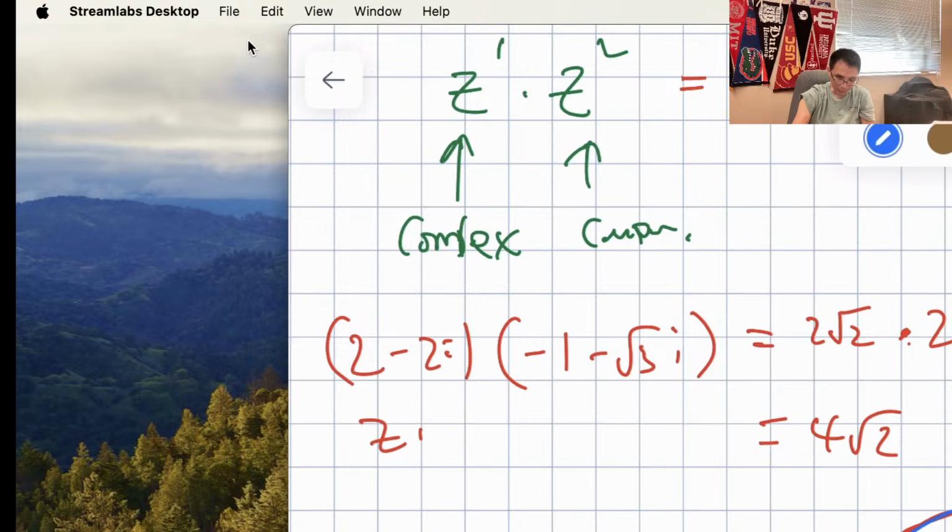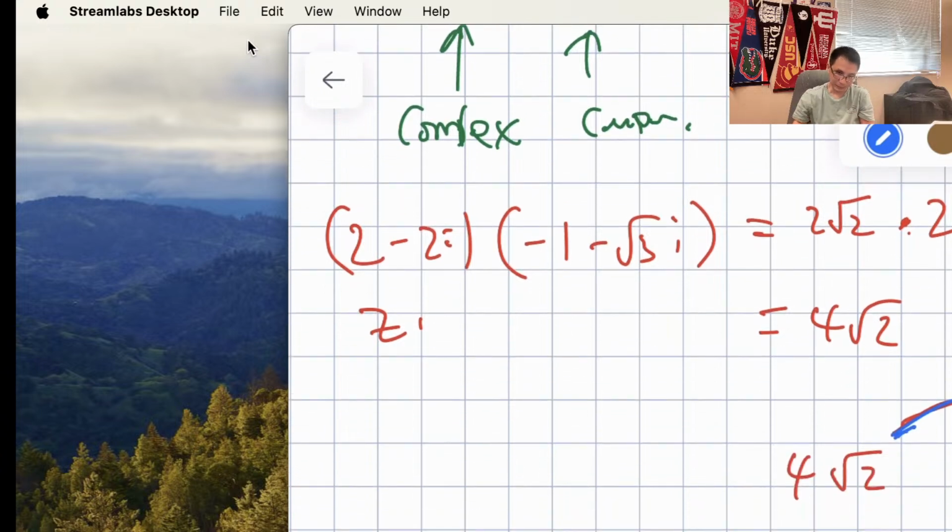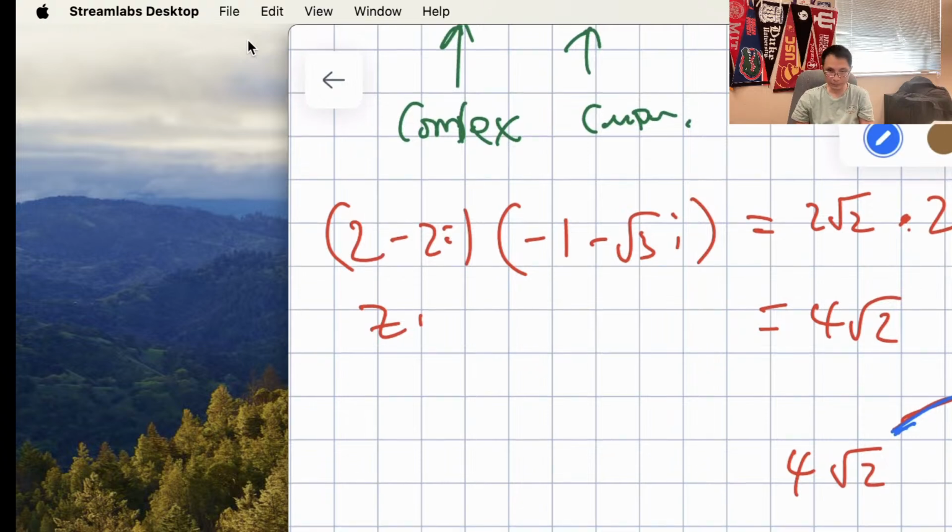Minus 2 root 3 i. And then plus 2i. And then plus 2 root 3 i squared. Yeah, i squared, good.